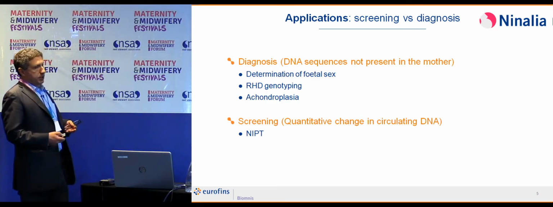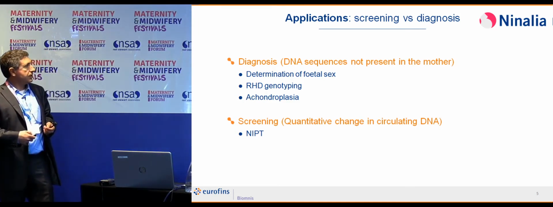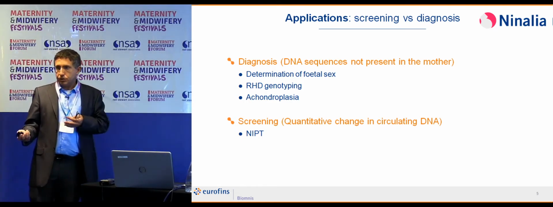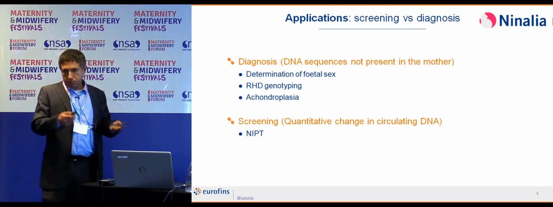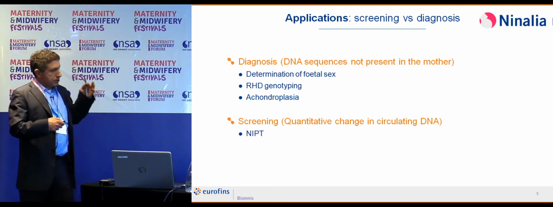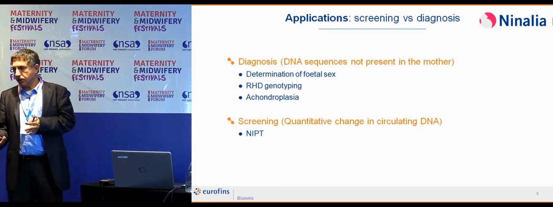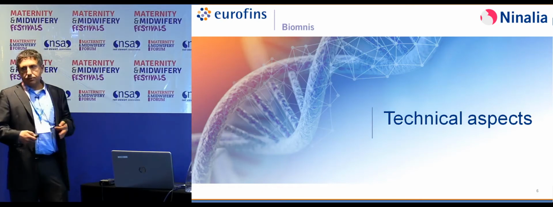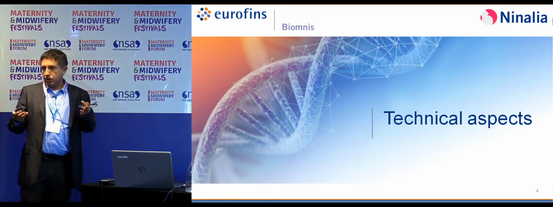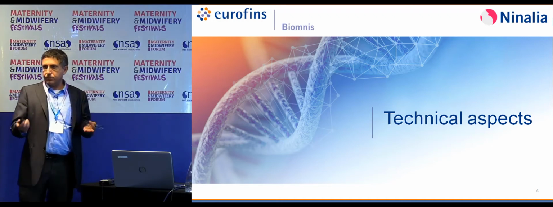And achondroplasia is an autosomal dominant illness, and there's a special mutation which shouldn't be present in the mother, otherwise we would know that she has achondroplasia. So this was detection of DNA sequences not present in the mother. With the NIPT for trisomies, we are looking for sequences which are shared by the mother and the fetus. It's a question of the amount of these sequences.